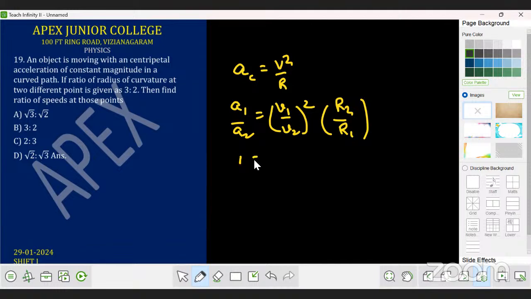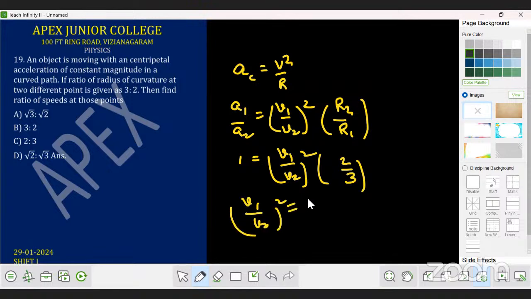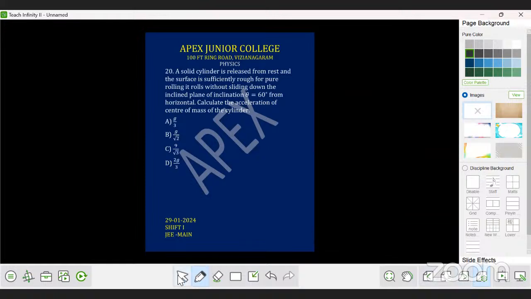Constant magnitude. So 1 equal to V1 by V2 whole square into R2 by R1, which will be 2 by 3. Then they're asking V1 by V2 whole square equal to 3 by 2. And V1 by V2 will be root over 3 by 2. Then the answer will be the first option. It is also just based on the general formula for centripetal acceleration.